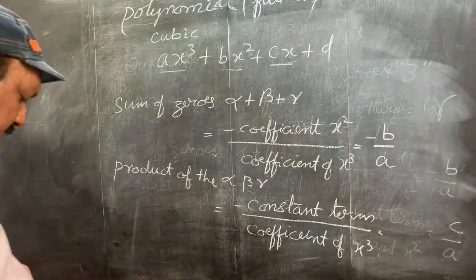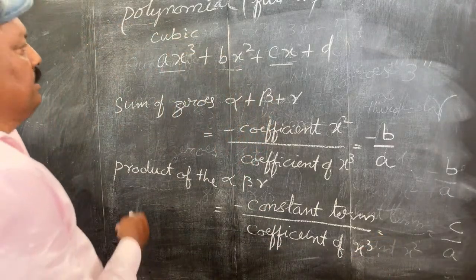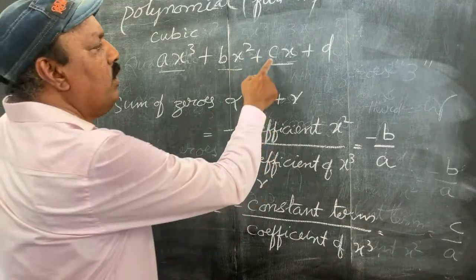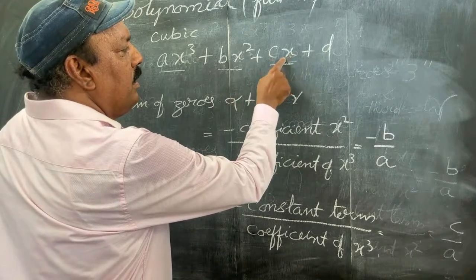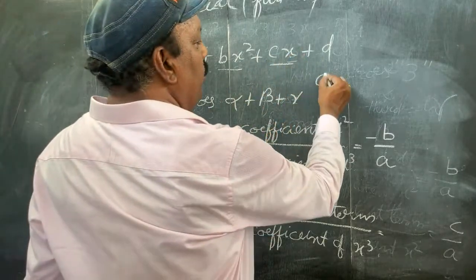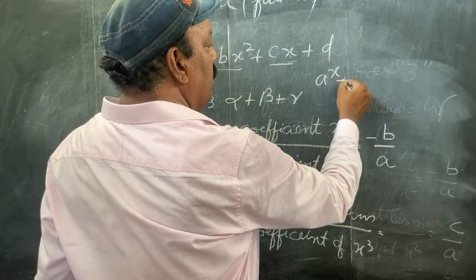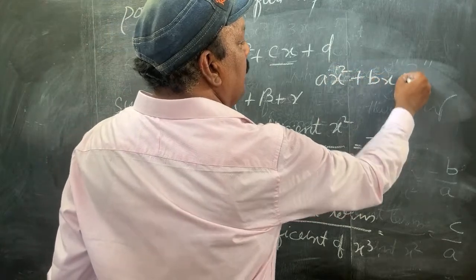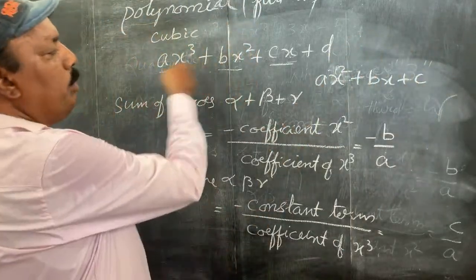Minus constant term. In the quadratic polynomial, c is the constant term, because after the c no variable is there. The quadratic polynomial is ax square plus bx plus c. This is the cubic polynomial.